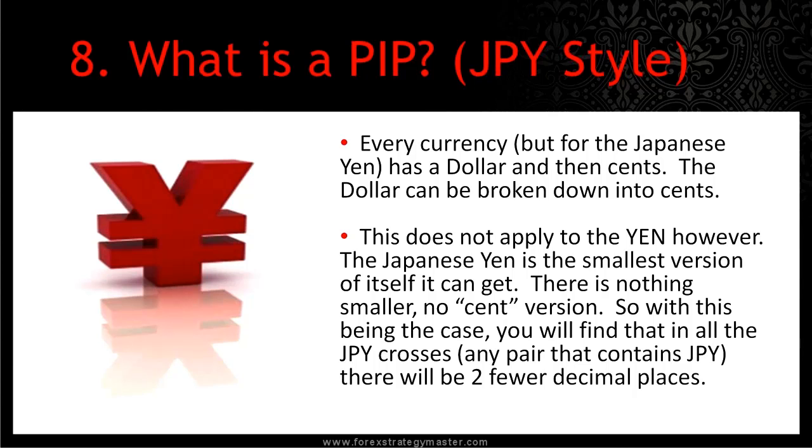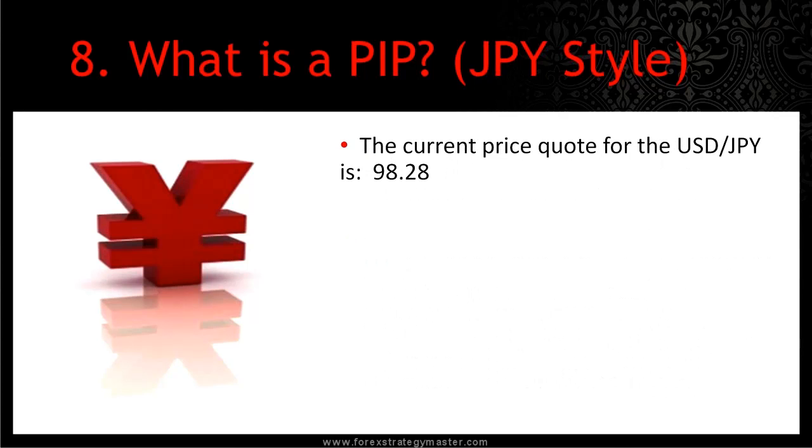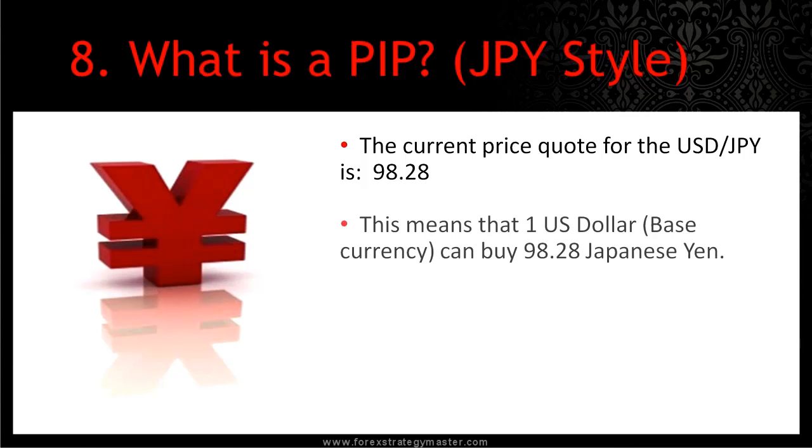So with this being the case, you will find that in all the yen crosses, any pair that contains the Japanese yen, there will be 2 fewer decimal places. The current price quote for the US dollar Japanese yen is 98.28. This means that one United States dollar, being the base currency, can buy 98.28 Japanese yen.